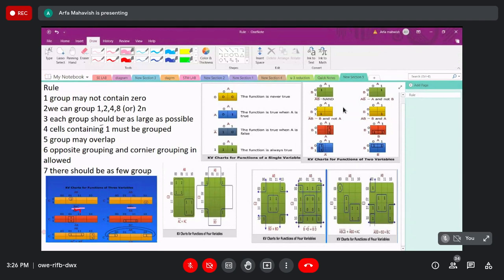Next, in this next diagram, where before this was the single one, now you are going with the pair. We are combining the things, combining two variables.